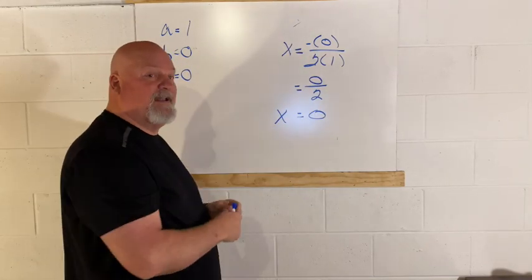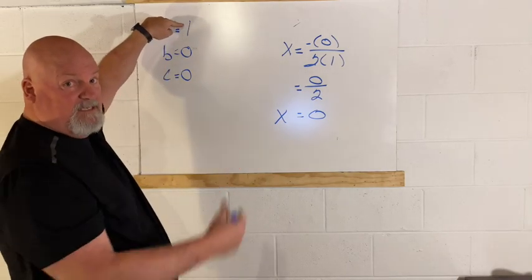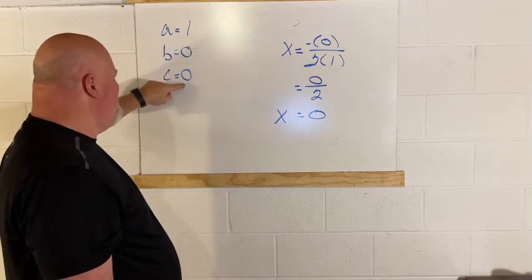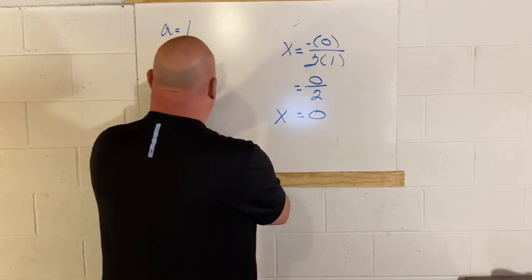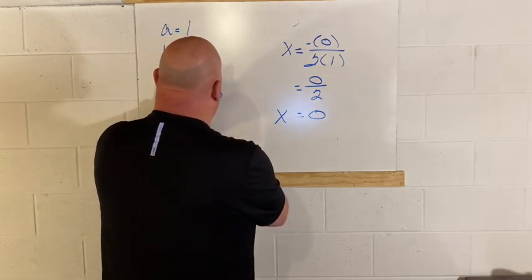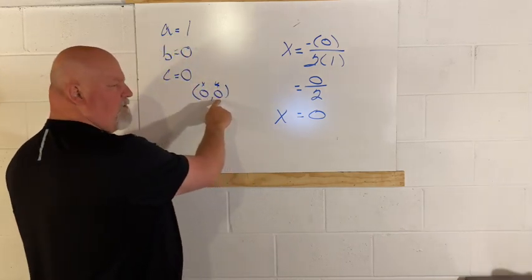So let's go back over and find out what A, B, and C are. So if A is 1, remember it's going to open up because it's positive. B is 0, and C is 0. Wait a second, if C is 0, the y-intercept is going to be 0, 0. Remember, this is x and this is y. So the y-intercept is going to be 0 again.